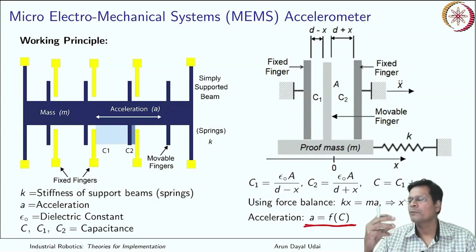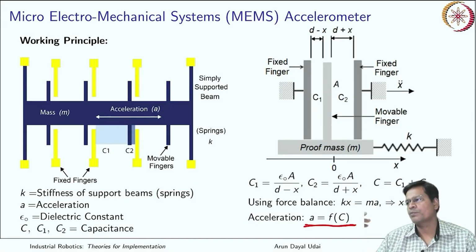So there is a circuit which can detect change in capacitance, right? You may just allow an AC current to flow through a capacitor and try to measure the impedance. If the impedance is changing, that will change the current flowing through it.